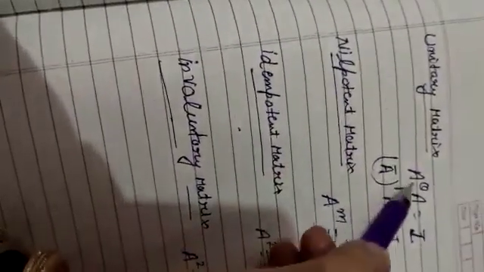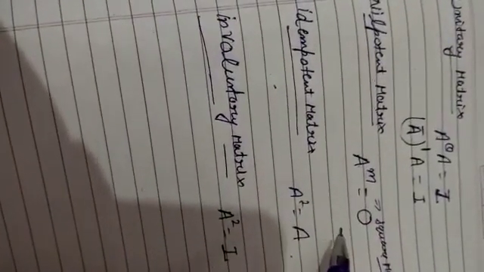Next is the orthogonal matrix, when A transpose into A is equal to I. Next is the unitary matrix, when A theta into A is equal to I. Nilpotent, A power m is equal to the null matrix. Idempotent, when A square is equal to A. And involutory, when A square is equal to I. You have to understand and learn all the definitions. Now we are going to use these definitions in our numericals.